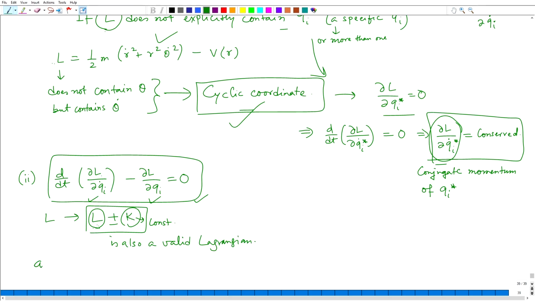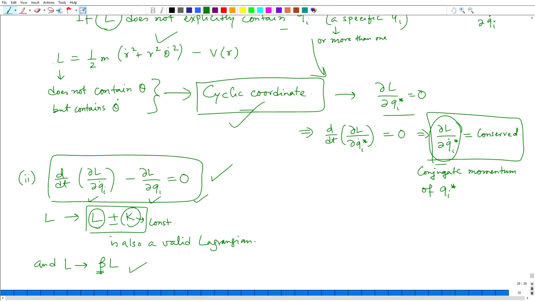And if you now take L to some beta times L, where beta is a constant, will that also be a valid Lagrangian for the system? Again my answer will be: anything which satisfies the Euler-Lagrange equations for a given system, in the choice of the generalized coordinates, is a valid Lagrangian.